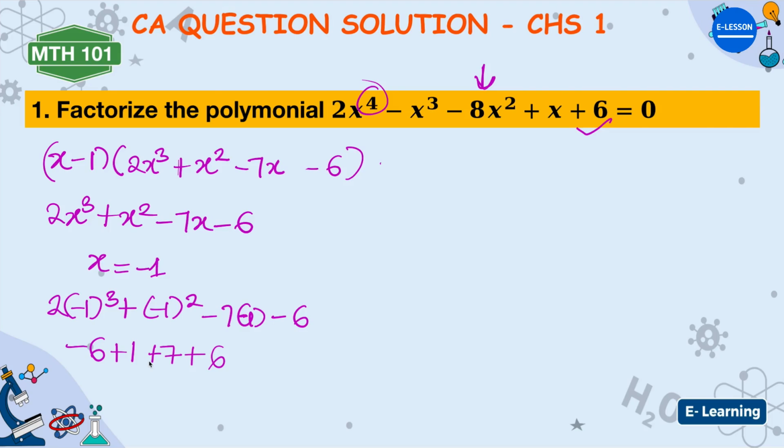This particular question, minus 6. Did it give us 0? Let's see. Minus 6 plus 1 is minus 5. It didn't give us 0. But when I solved it here earlier, it actually did. Let me confirm again, please.